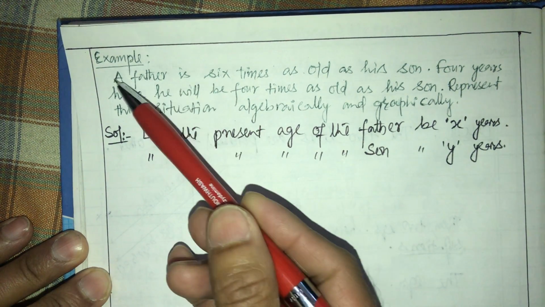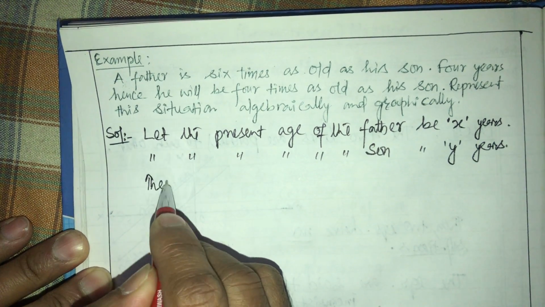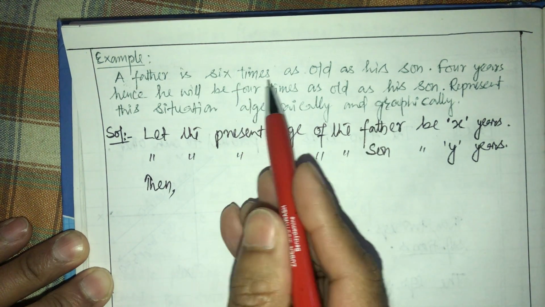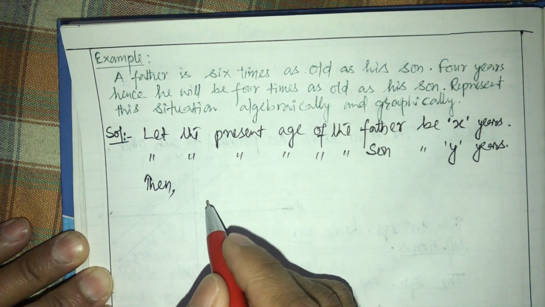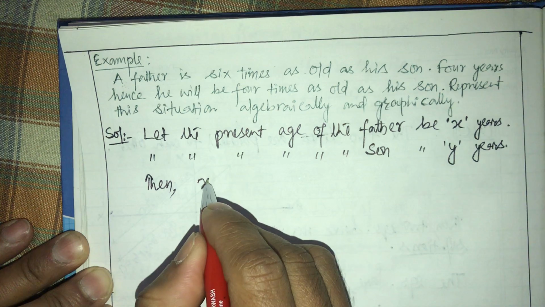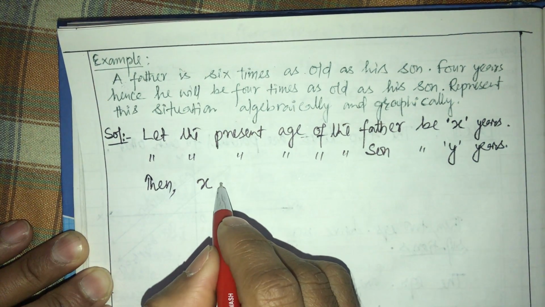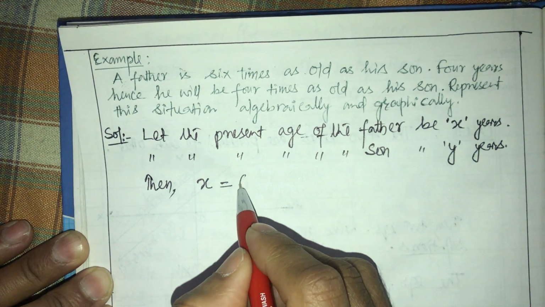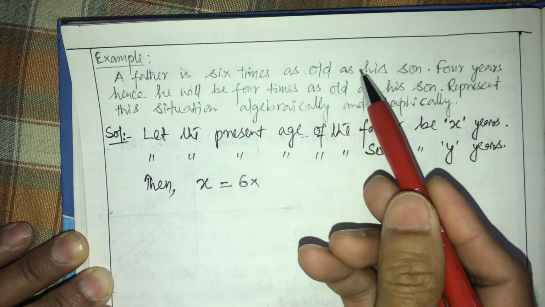Now let's go for the first statement. According to the question, the first statement: the father is 6 times as old as his son. So what is the present age of the father? x. So we'll write x is 6 times as old as his son.